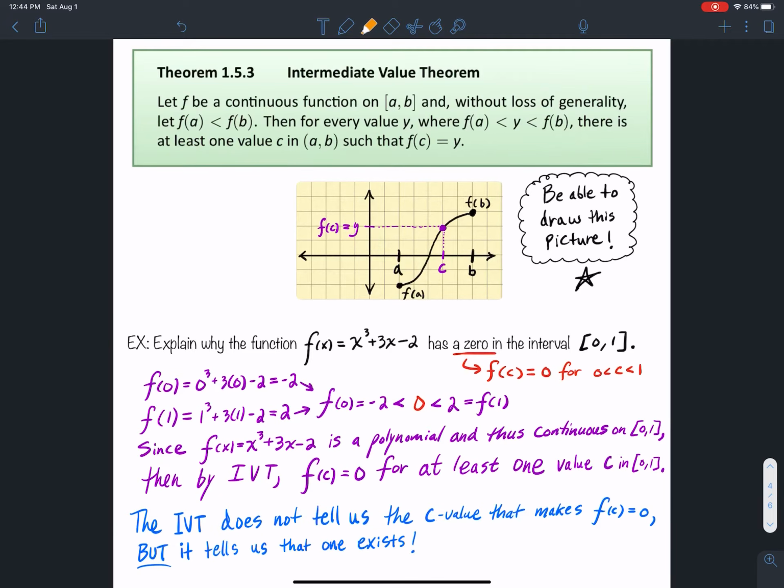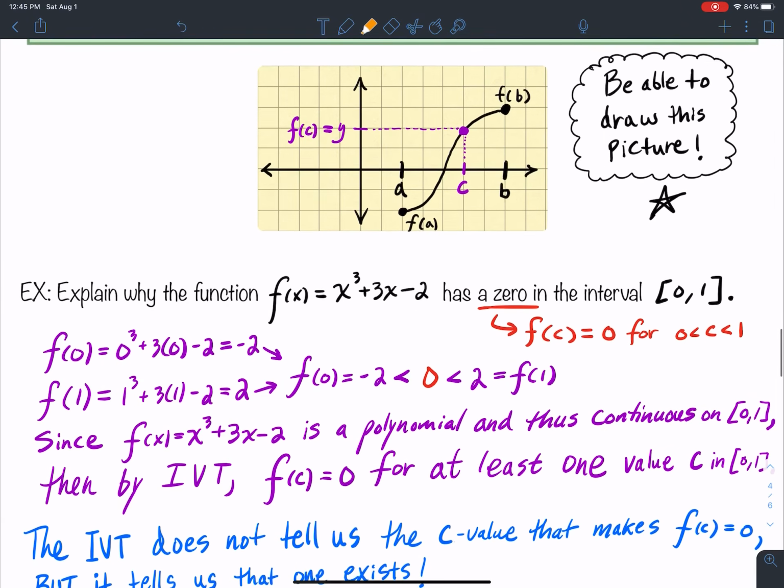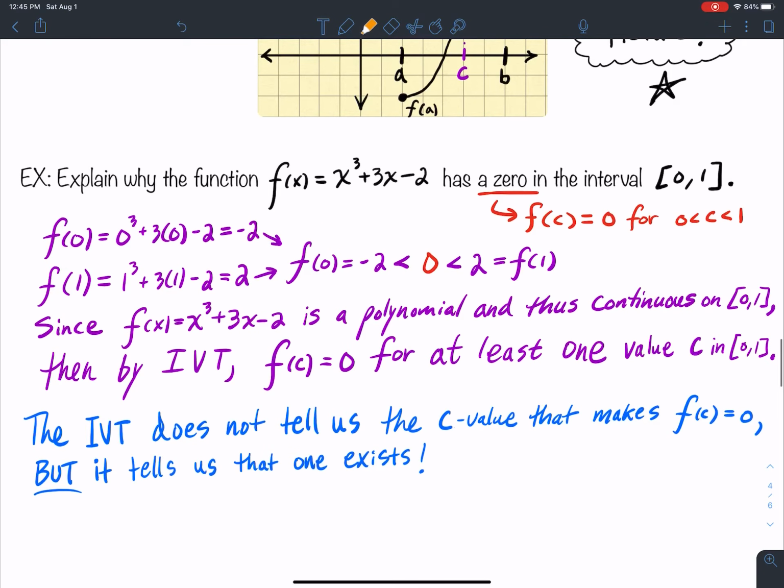Okay? That's the only thing that it tells you. It doesn't tell you that c equals 0.25 or whatever that root is. We could find that root if we wanted to, right? But you could do it through a calculator or whatever, right?